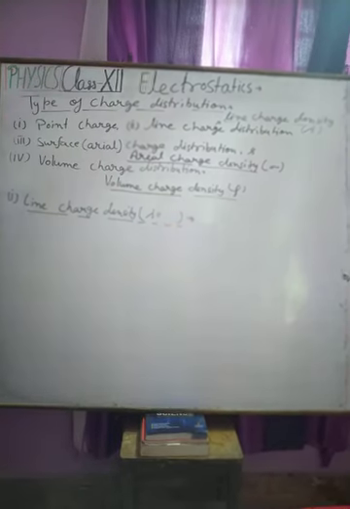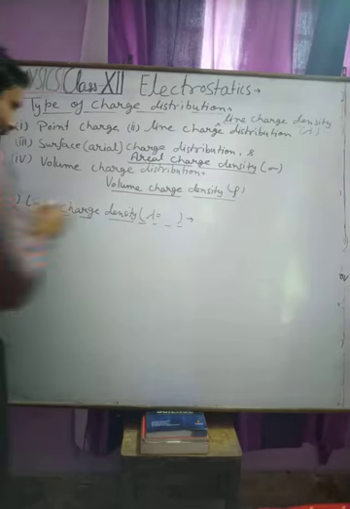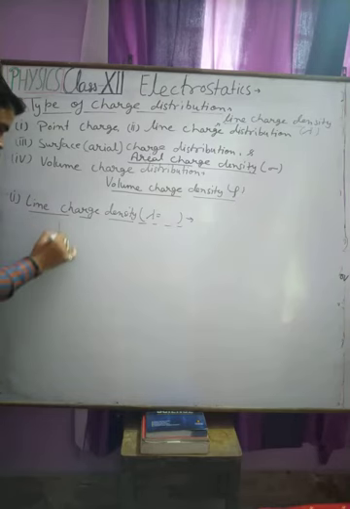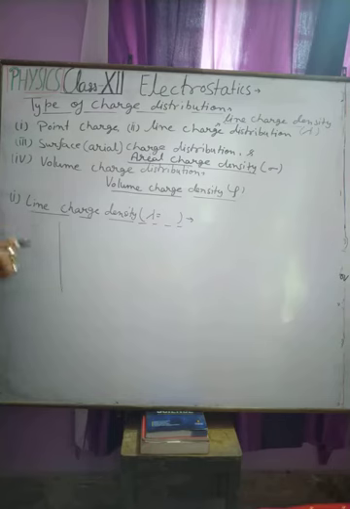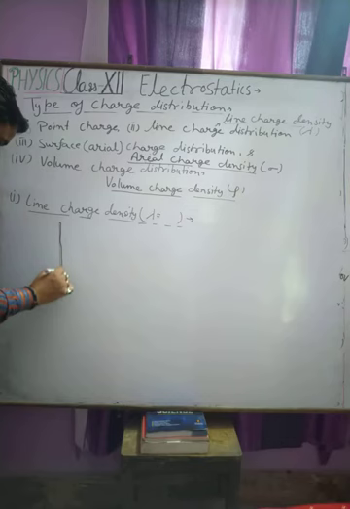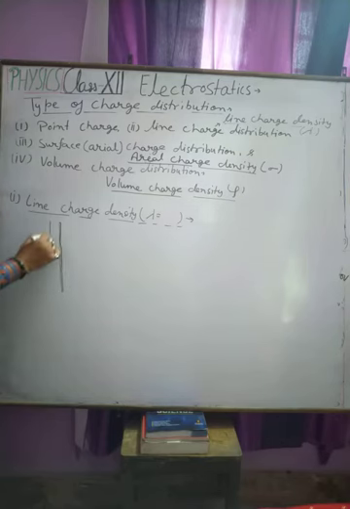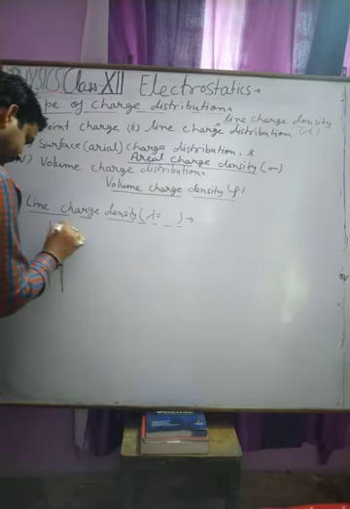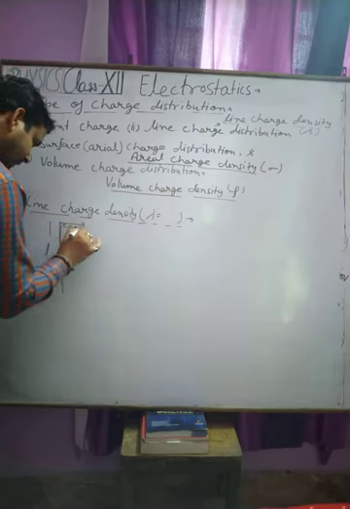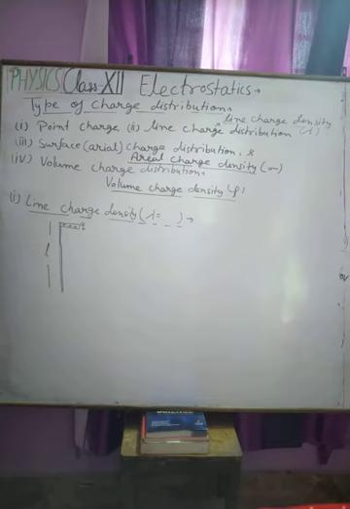Okay, suppose we have a line charge, or a line wire of length L, which is charged by a charged body with plus Q charge.